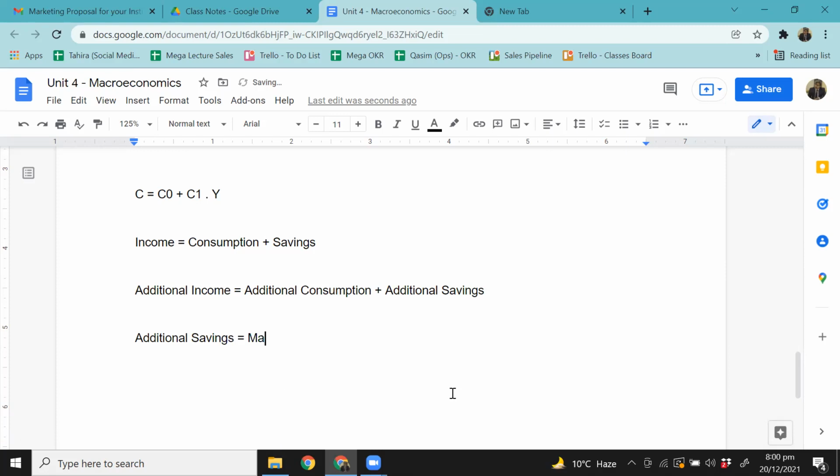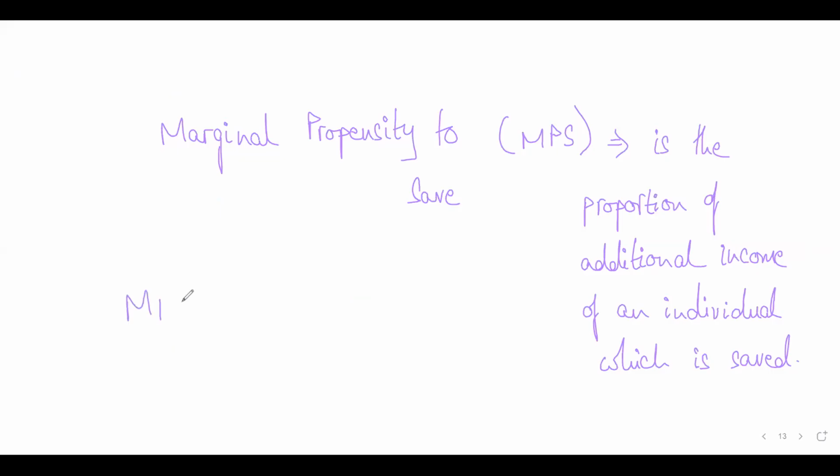This is known as marginal propensity to save. So what is marginal propensity to save? The portion of additional income that is saved. And how do we write it? MPS, marginal propensity to save, is change in savings.